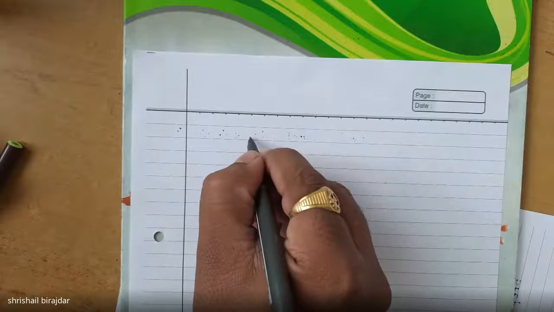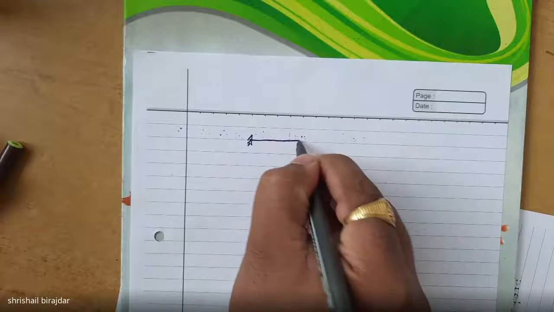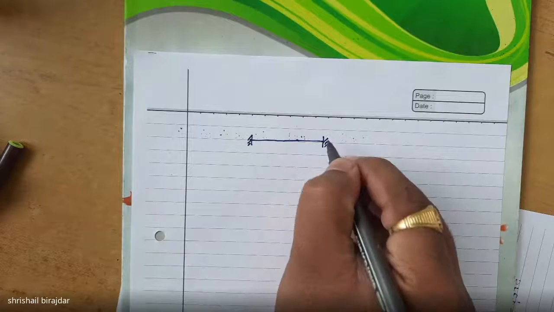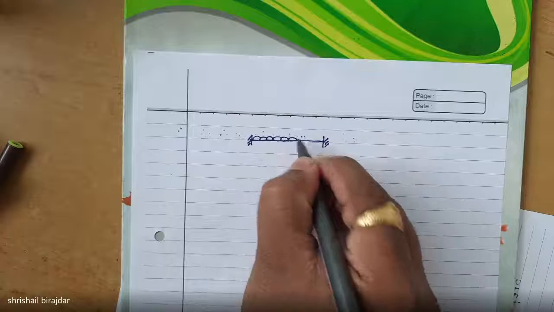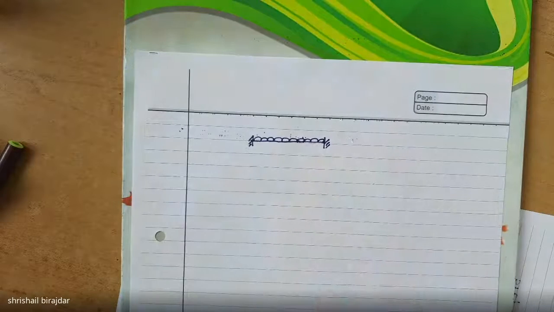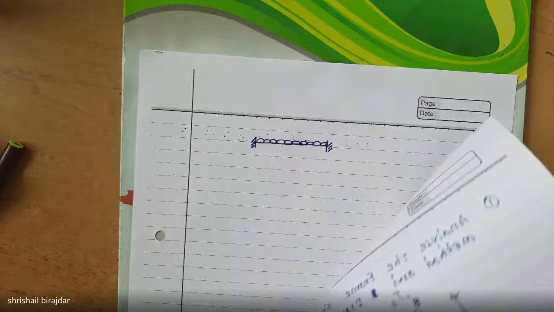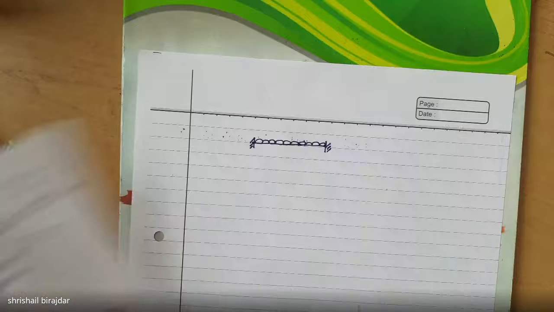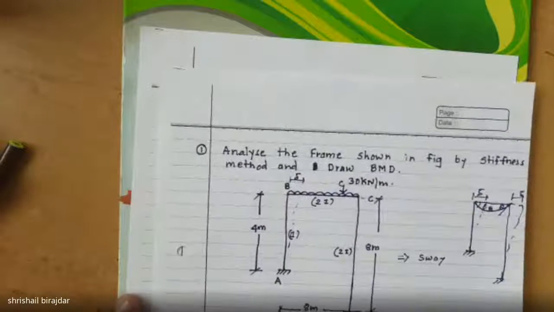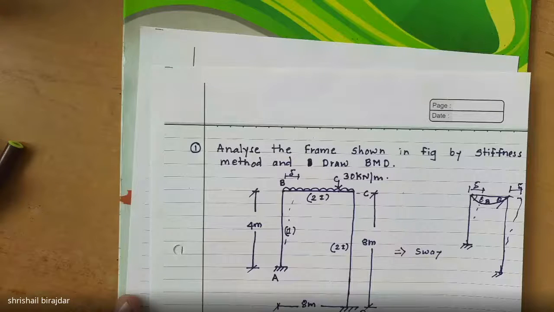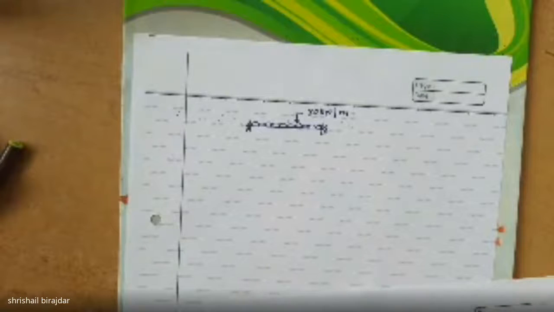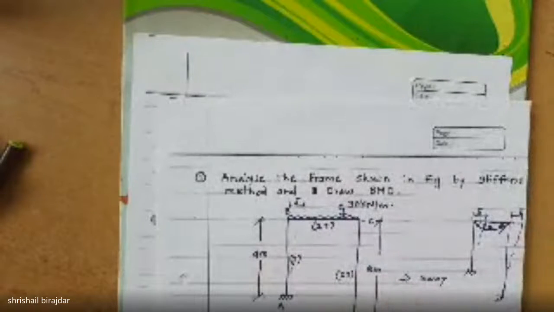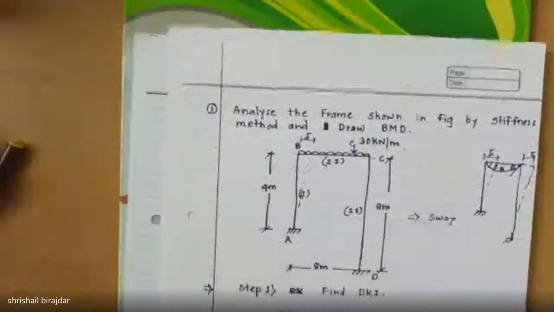I'm considering the beam part. See here, loading is available. How much is the loading? You just see once again this particular diagram. Here 30 kilonewton load, along with the span 8 meter.